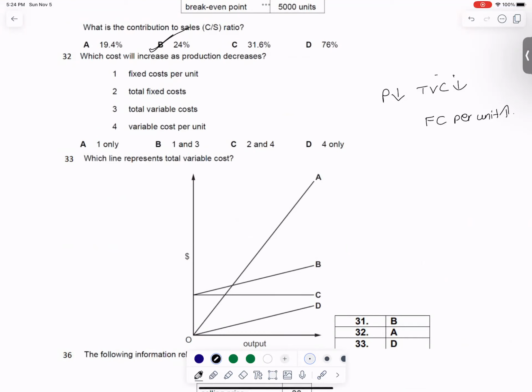We want which cost increases. So total fixed cost will also decrease? Fixed cost per unit will increase as production decreases. Okay. So total fixed cost remains the same. Total variable cost decreases and variable cost per unit remains the same. Okay.